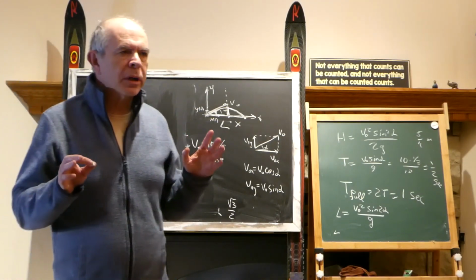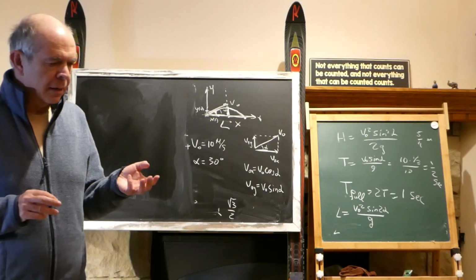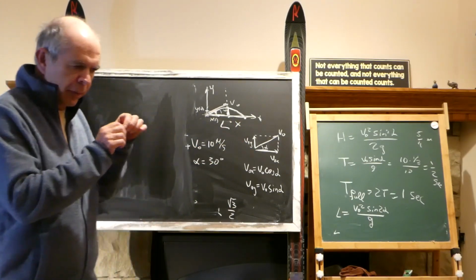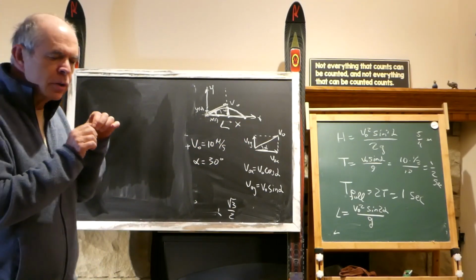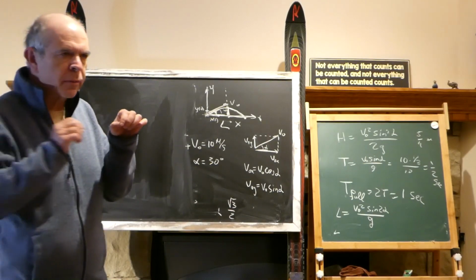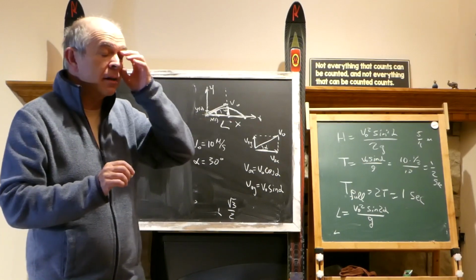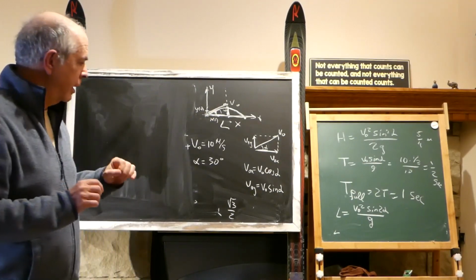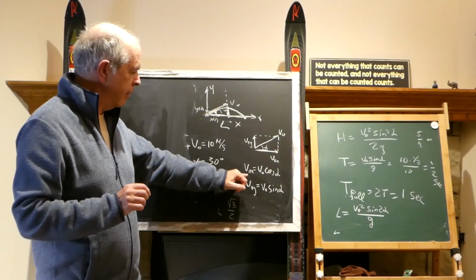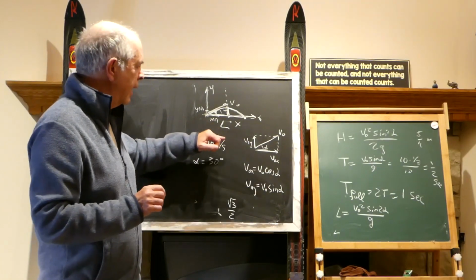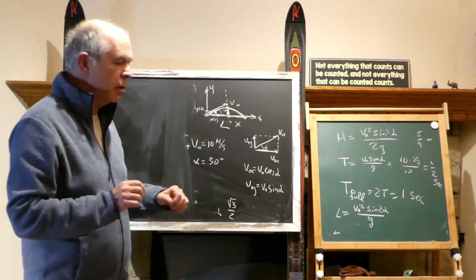So let's recap what we did in previous forms. We realized that we can superimpose two motions. One is horizontal, and this motion has no acceleration, it's a constant speed. And the speed is v0 cosine alpha in this direction.